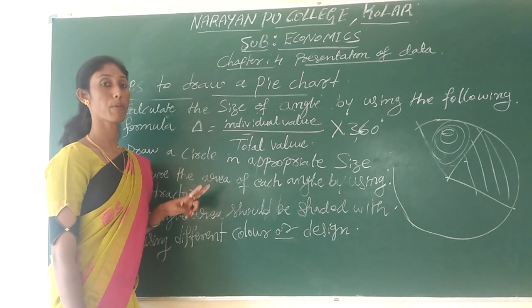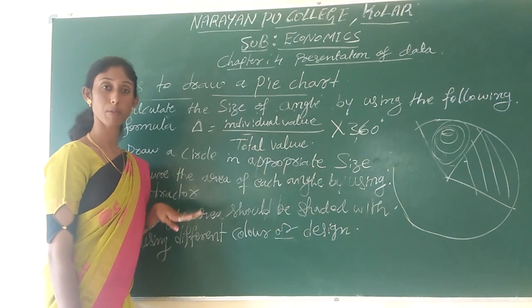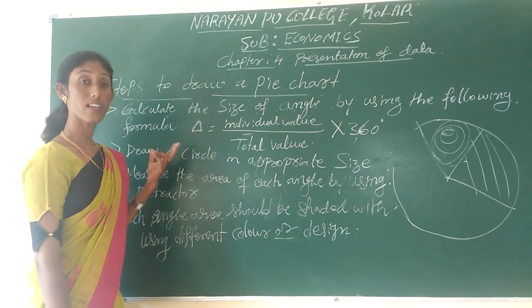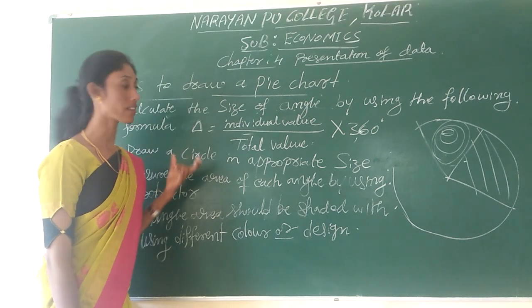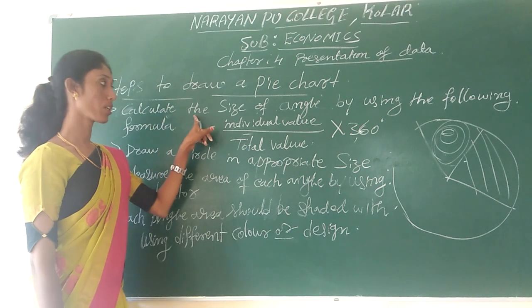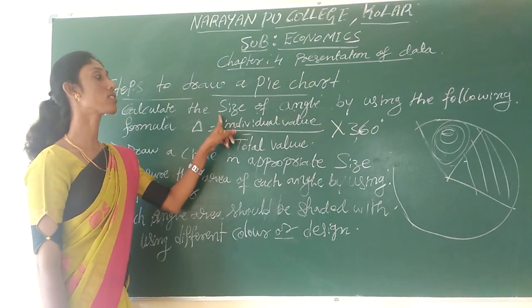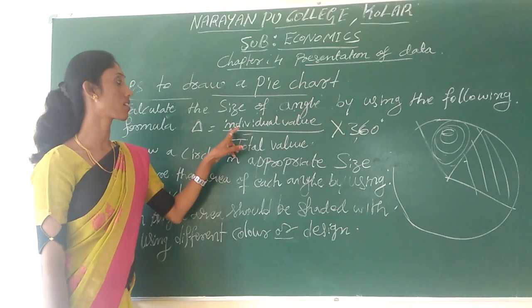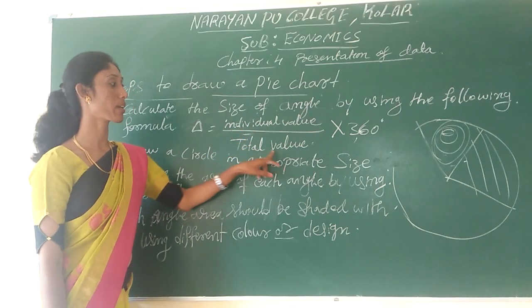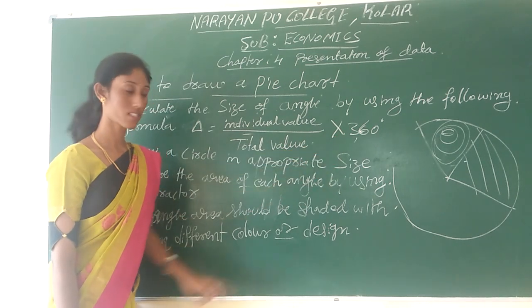Keep in mind, it may be for 2 marks or sometimes for 4 marks. They will ask, what are the steps to follow to draw a pie chart? In that, the first step, we need to find out the size of an angle by using the formula: individual value divided by total value into 360.